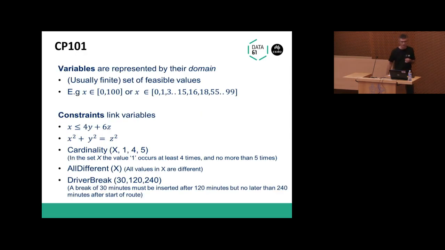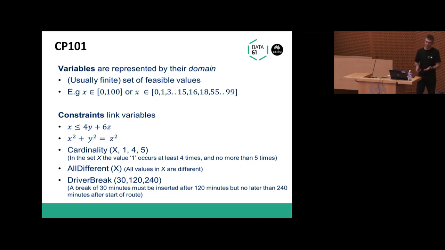We define a variable based on its domain. It's usually a finite domain. CP certainly works best, I would say, in finite cases. So you've got x in an integer interval there, or an element of a set. Then you've got constraints that link variables, and constraints are only as good as the library that you're using.